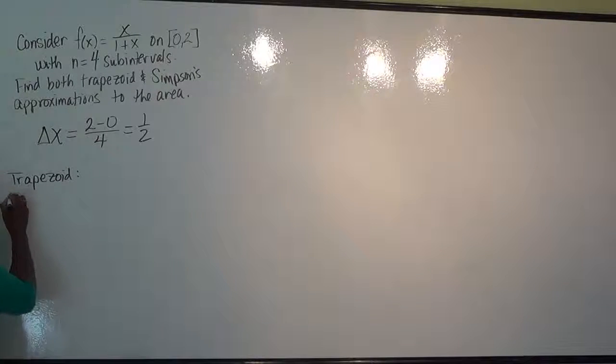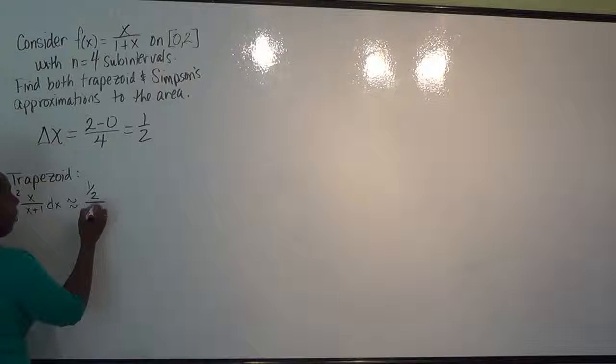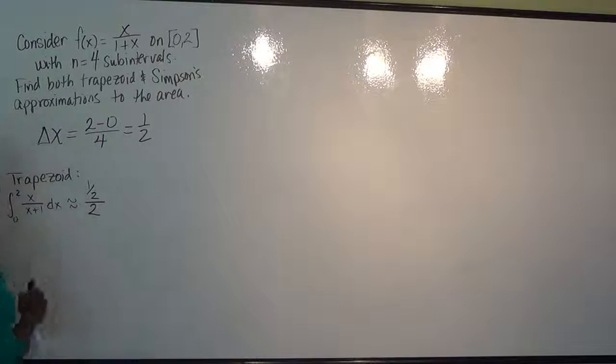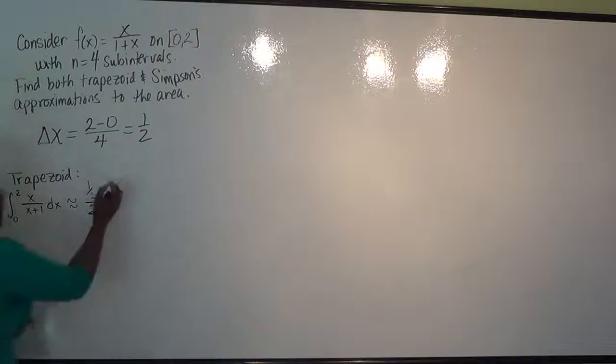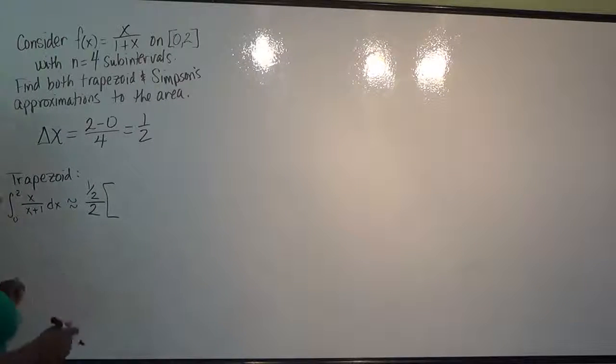we can see that the integral from 0 to 2 of x over x plus 1 dx is going to be approximately our delta x over 2, again, because we're using the trapezoids. And then we're going to put in our function in pieces for our subintervals.